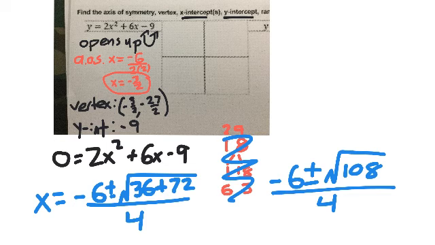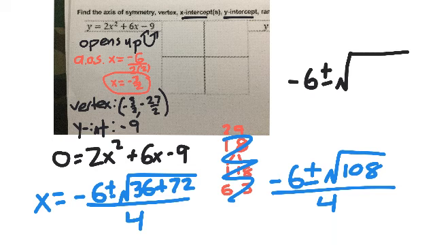So I know 108, let's see if I break that down, it'd be the square root of, so 16, 32, 64, 64 and 16 is 80, 80 and 16 is 96, 96 and 16, that's not going to get me there.